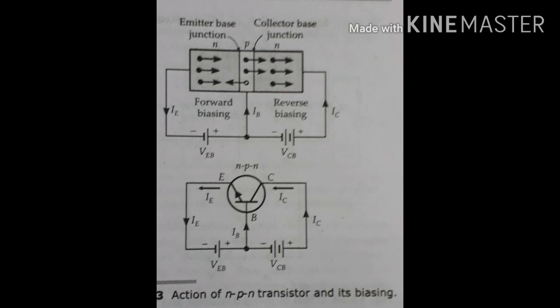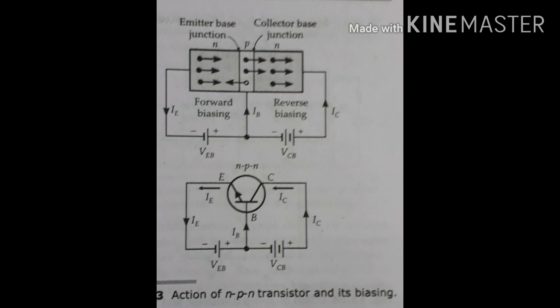So base is common here, and you should always remember that the emitter base junction should be always forward biased and the collector base junction should be reverse biased.